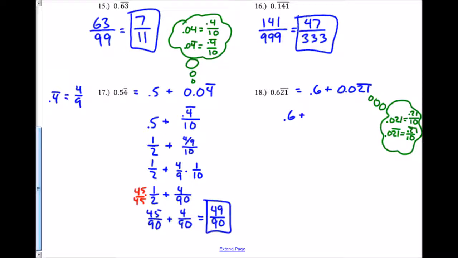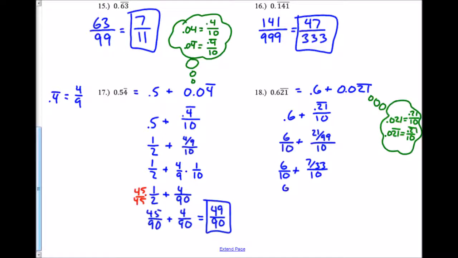And now I start converting these to fractions. This is 6 over 10. This guy right here, 0.21 repeating forever, is the same thing as 21 over 99, which reduces to 7 over 33. Dividing by 10 is the same as multiplying by the reciprocal.